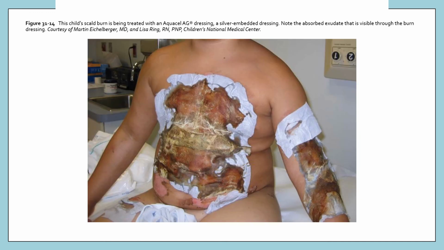This kind of burn here could have been caused a couple different ways. It doesn't say what caused this kid's wound, but I would guess the child could have been burned by picking up a hot boiling pot, or maybe they were burned in a car fire. I'm not sure.